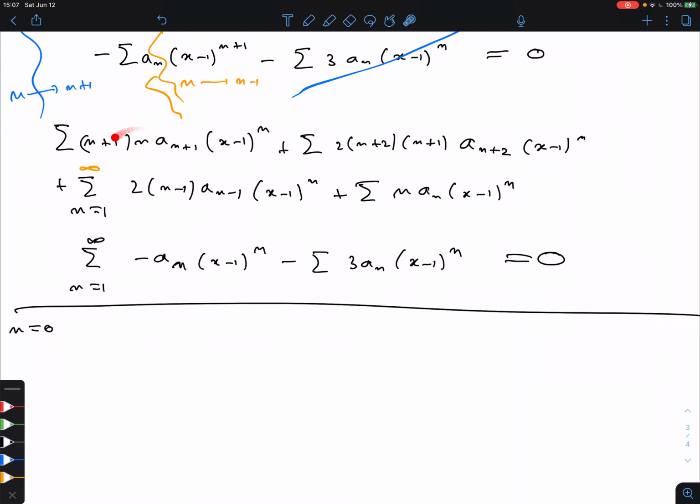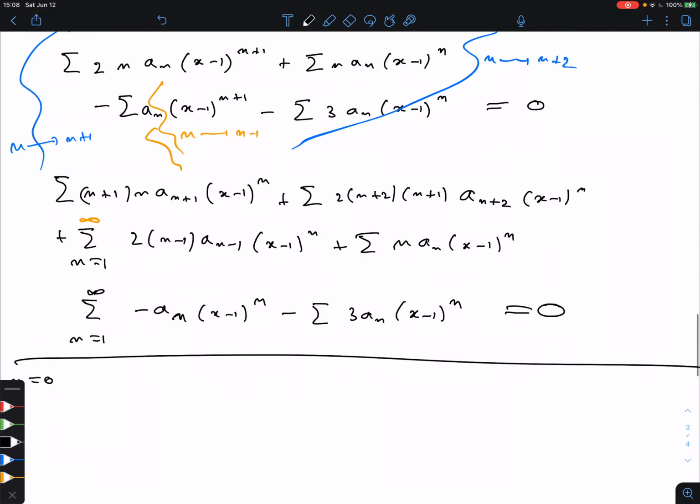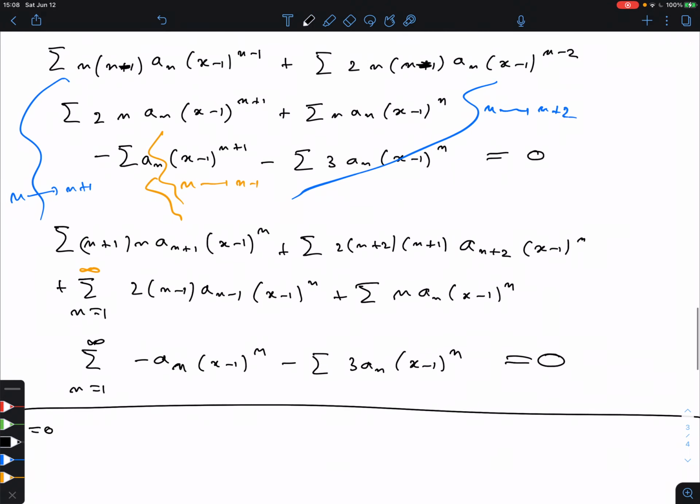Now this is 0 because of the n. So this one is the first one that we get here. We get 2 times 2 times 1 a_2. Okay. The next sum is the one that starts with 1, so it cannot do. The next one has an n in there. If I plug in 0, it's all gone. That one again has an n, and so the only term that remains is the very last one, that is minus 3a_0. And this is equal to 0.